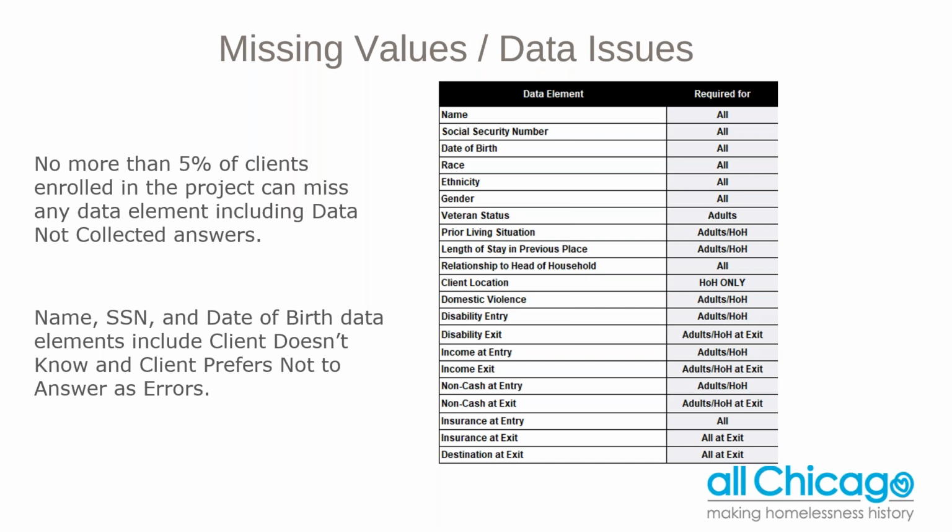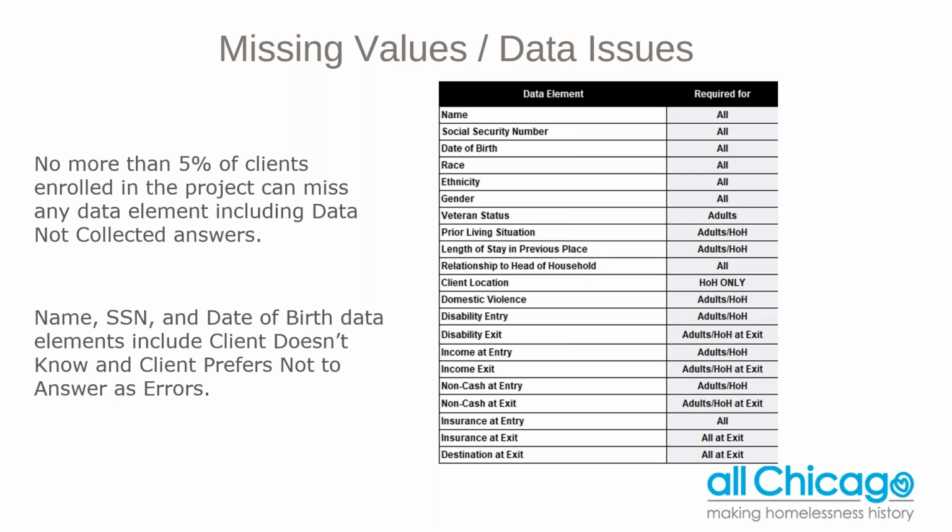So no more than 5% of clients enrolled in your project can miss any data element, including data not collected answers. So in the screenshot that you see on the right side, it says required for. Be mindful of who's required to have that element completed, because that also plays into the 5% of those particular clients.